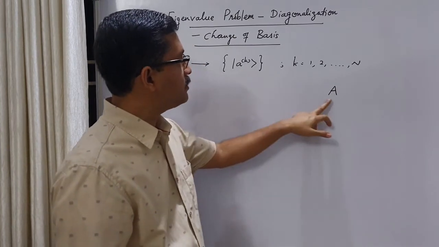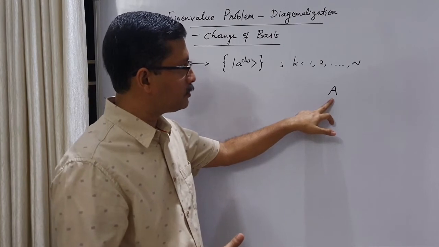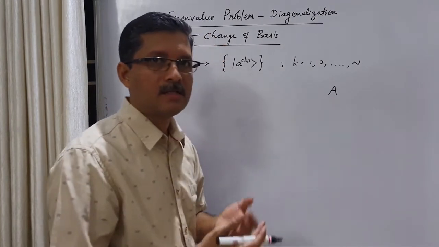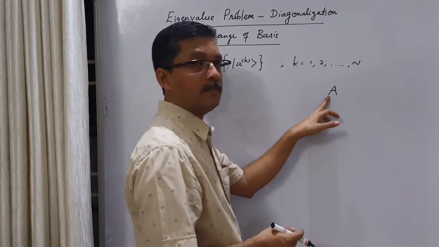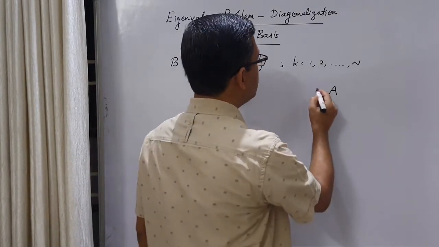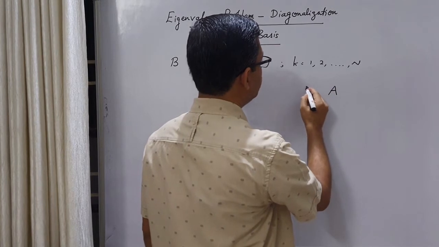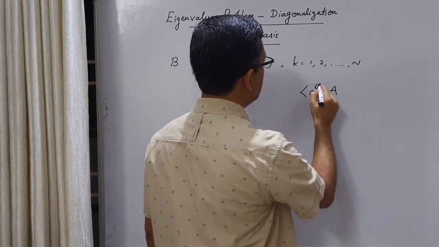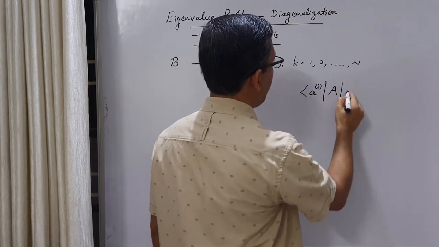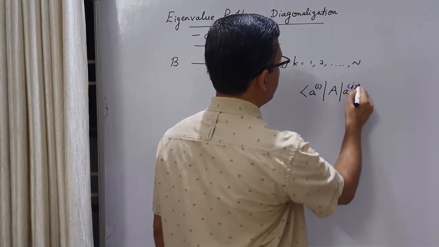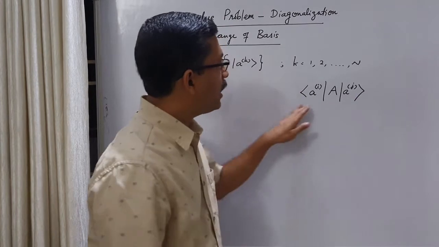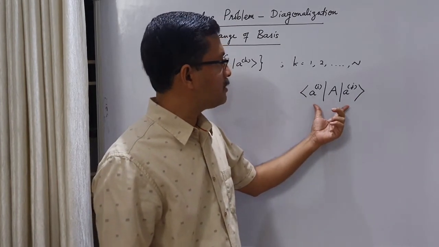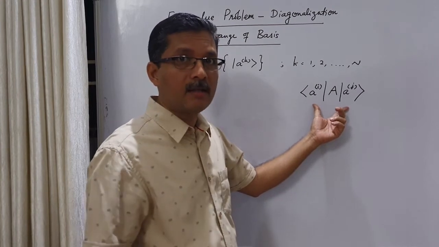Then what are the matrix elements of this operator in its own eigenkets? Consider the ijth matrix element of this operator, which is the bra A_i, A, ket A_j. This is the ijth matrix element of the operator A in a basis, and this basis is its own eigenkets.